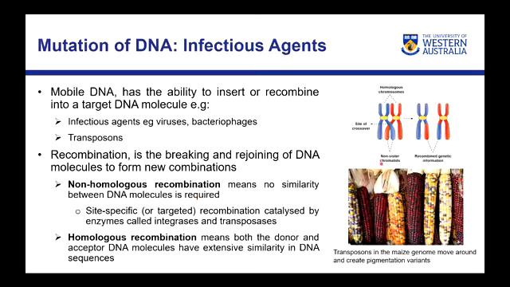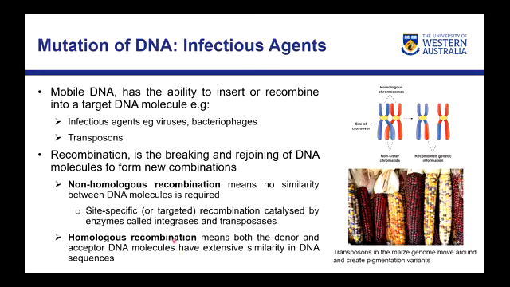This can happen between chromosomes that have no sequence identity. But other things are needed in this instance. You need site-specific or targeted recombination, which is catalyzed by enzymes called integrases and transposases. And I will talk a bit more about that in a minute.